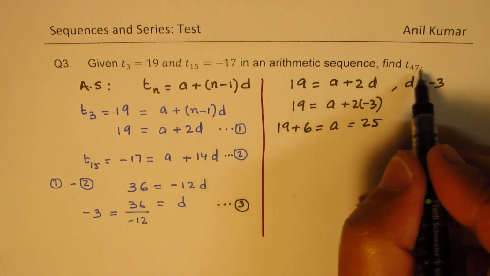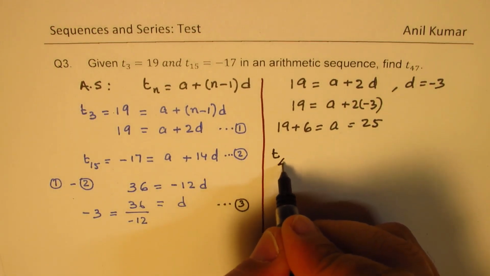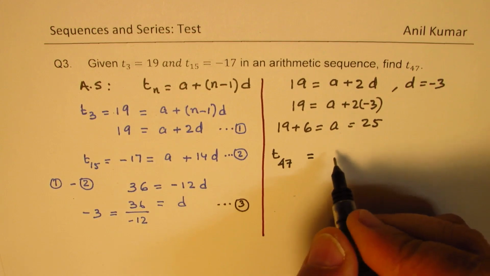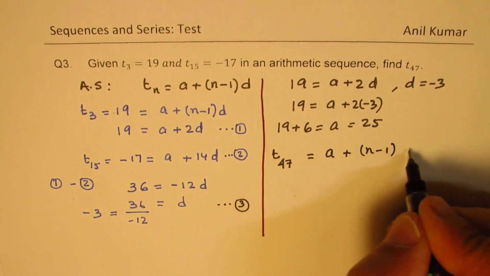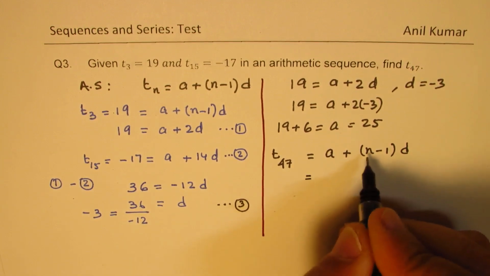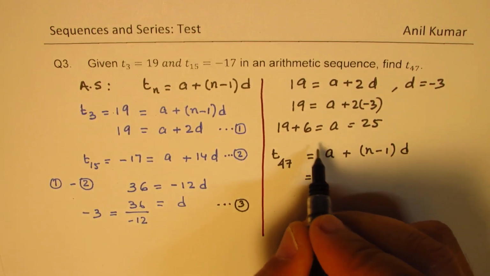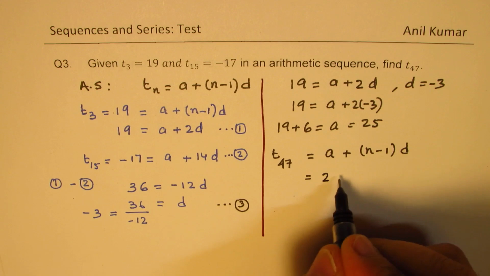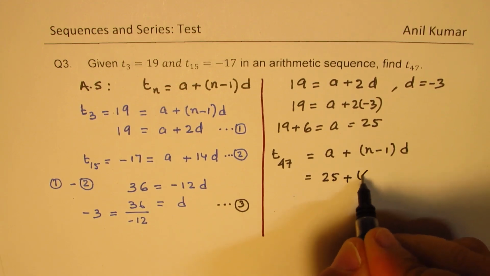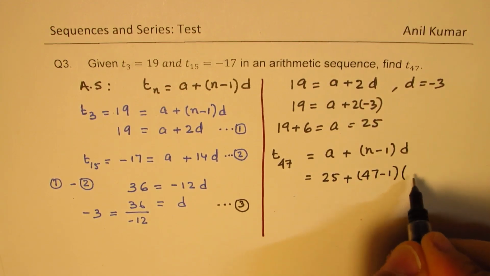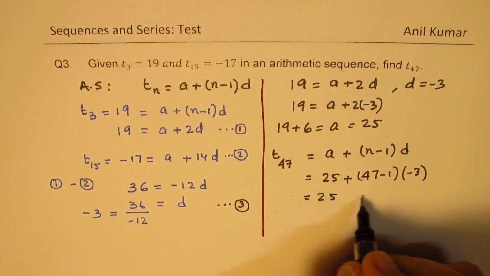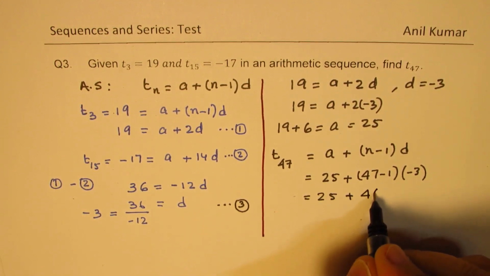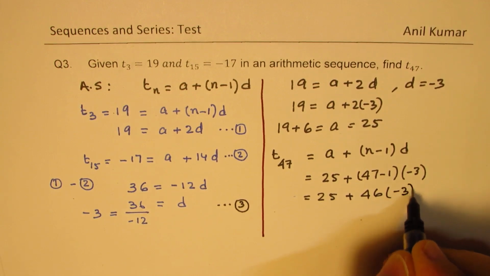Now we need to find what T47 is. T47 will be equal to a plus n minus 1 times d. Since n is 47 and we know a is 25, we can write this as 25 plus 47 minus 1, and d is minus 3 for us, correct? So we get 25 plus 46 times minus 3.